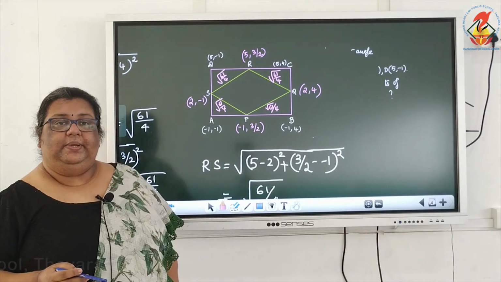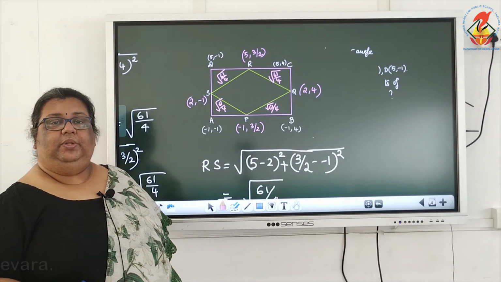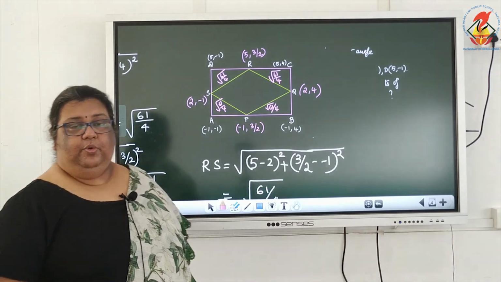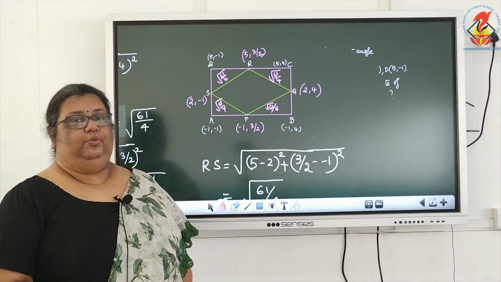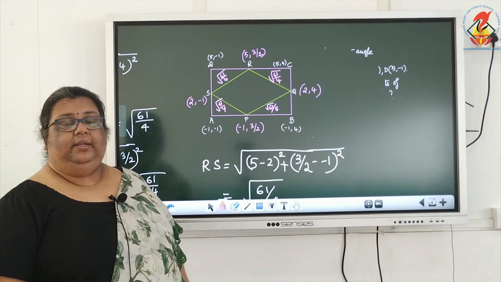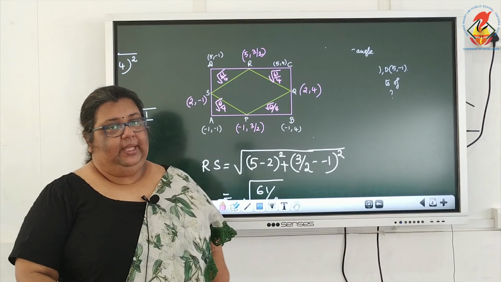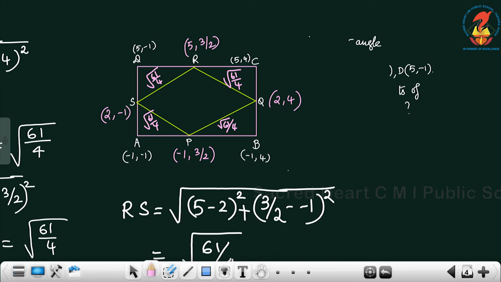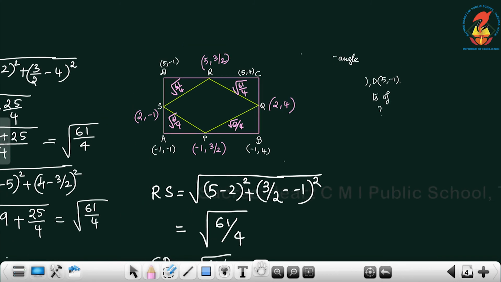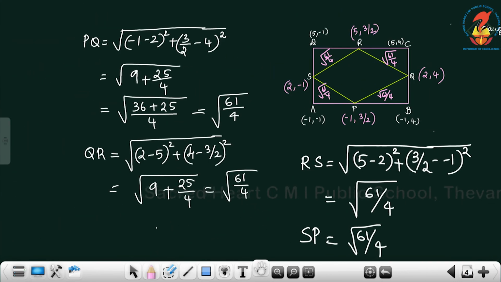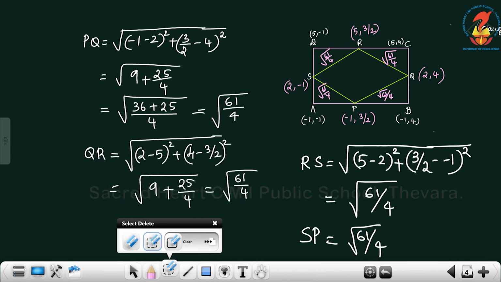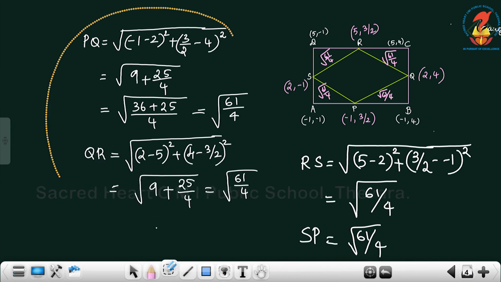So is it a rhombus? Is it a square? How will we differentiate? For a rhombus and a square, all the four sides are equal. But to be a square, the diagonals must also be equal. So we should check the diagonals also. Then only we can say whether it is a rhombus or a square.